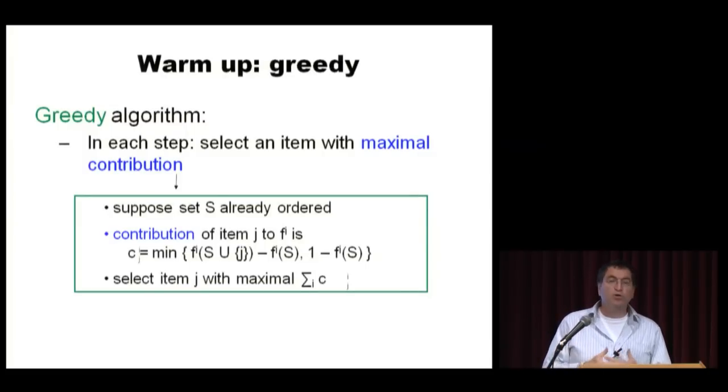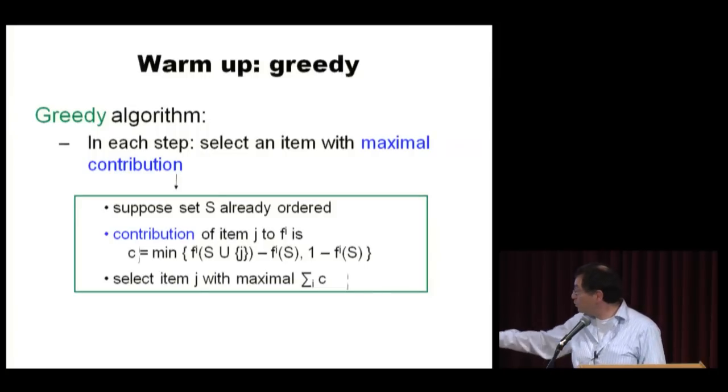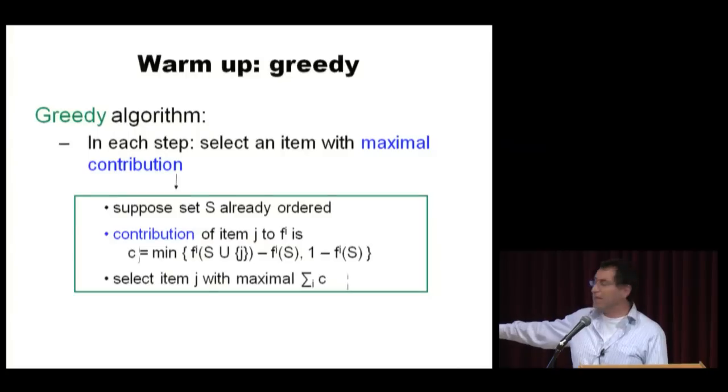You look at every additional element and you compute the function with the element, given the set that you already selected, minus the function without the element, which is the marginal value actually. But you cap it by 1 minus f_i of S, because we are only interested in getting information up to 1. The user is happy once he gets information of 1. He doesn't want to get more, doesn't need to get more.